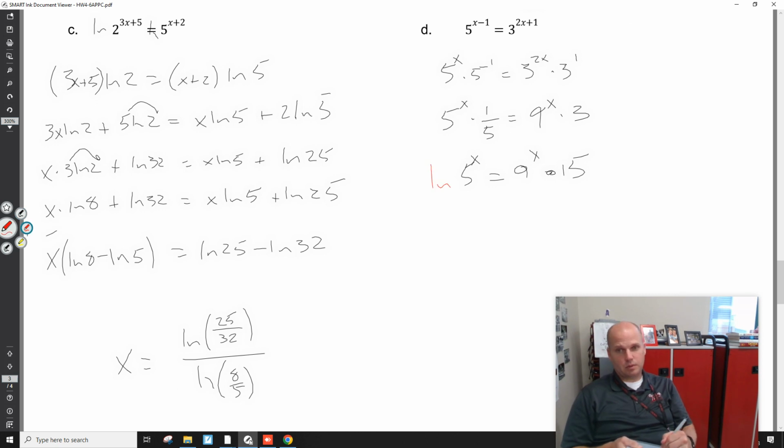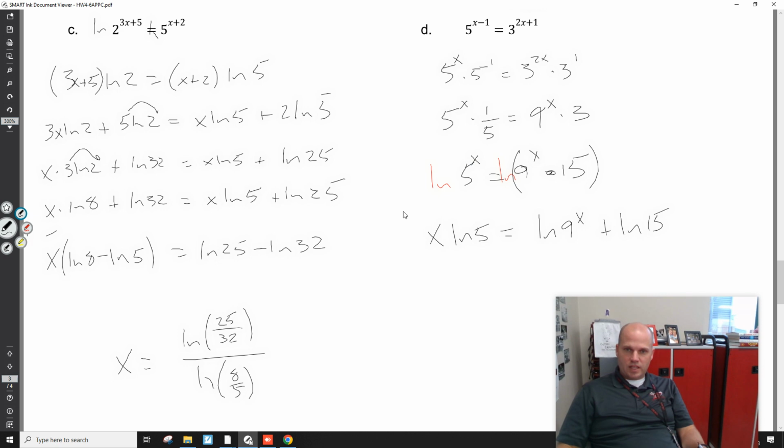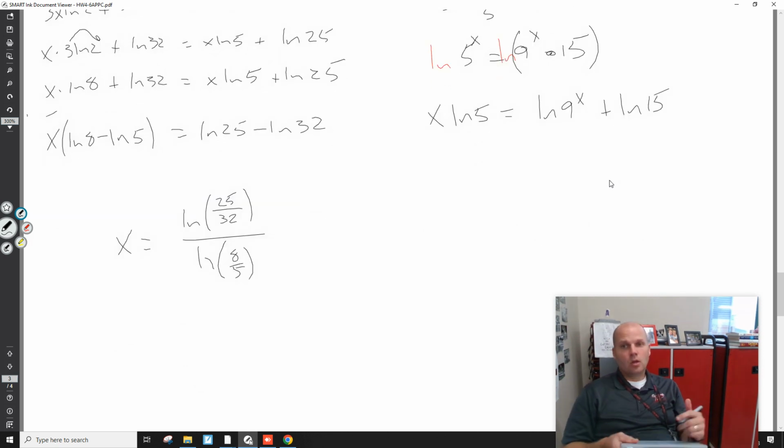I haven't done these problems like this in a while, so I'm kind of discovering different ways to do them. Moving the x down, rewriting this as a sum, moving the x down.